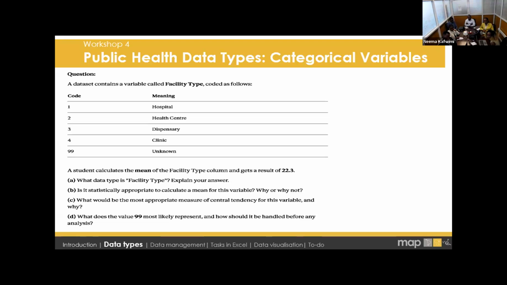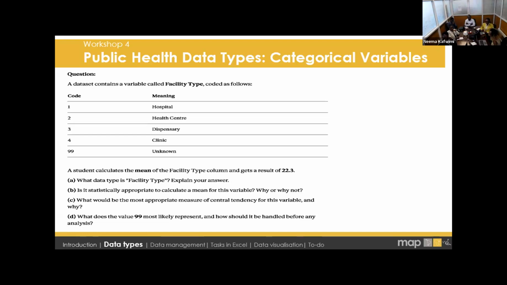Feel free to either shout out the answers or post them in the chat. Facility type should be a kind of nominal data. No. Someone else, any different answer?